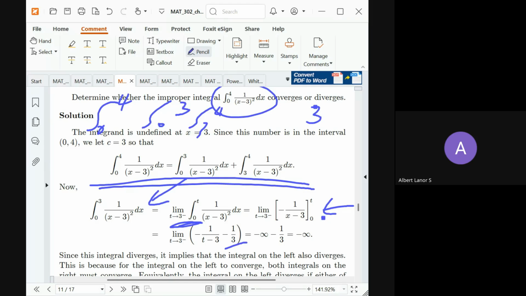Or if you substitute t into it, you have minus 1 over t minus 3. Then you'd substitute for a, find the limit of it. And when you do, you're going to have the denominator to be 0, and one of them is infinite. Now, if one of them is infinite, you see that there were even two components.